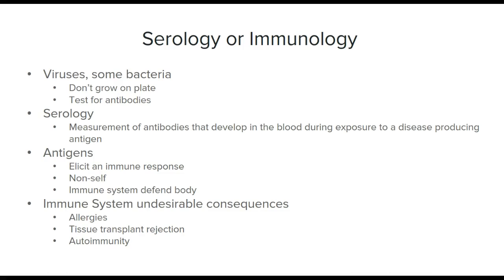Our immune system recognizes that it's not itself, and it tries to get rid of it. And also autoimmunity. In autoimmunity, patients develop antibodies to their own cells, which is not normal. So this is what happens in rheumatoid arthritis and lupus. And again, it's not normal.